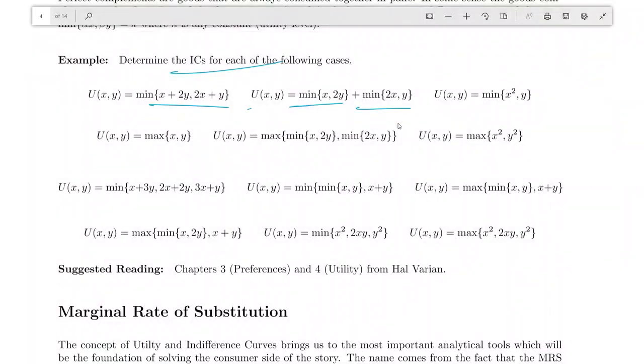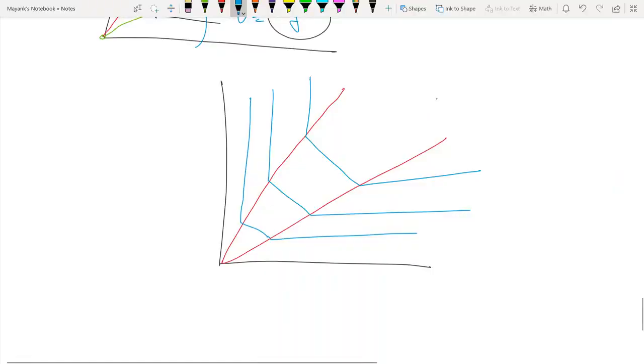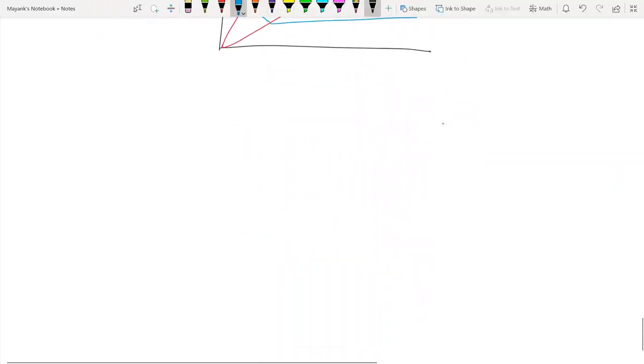Alright, let's come to the third case, min of x square comma y. Now when will it report x square? When it's less than y.